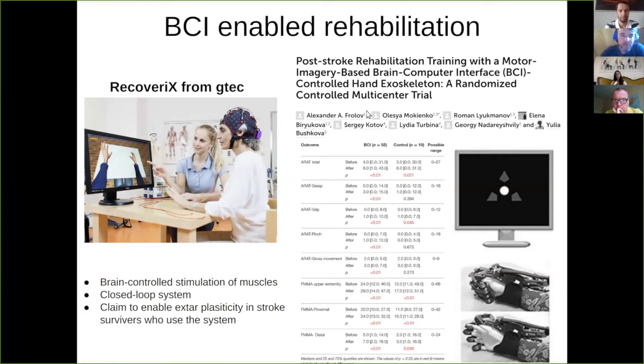There is this product by RecoveriX, for example, from g.tec, where the person wears an EEG device and thinks about his or her left or right hand, and an avatar moves, giving a reward, positive feedback, if she thought about it properly.